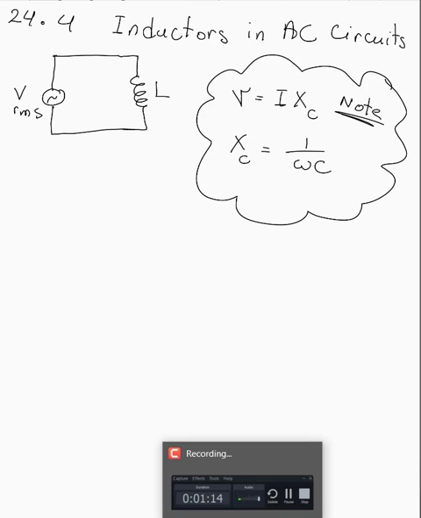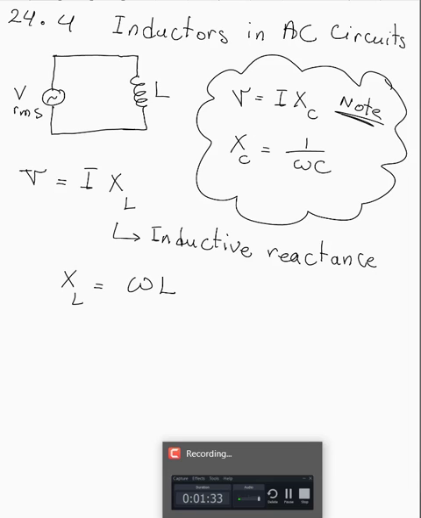In case of the inductor, I can define voltage across the inductor to be I times X sub L. Now, this XL here is the inductive reactance, and it is equal to omega times L. Now, omega is the angular frequency and L is the inductance. Alright, so again, because this is a type of resistor in the circuit, the unit is ohms.